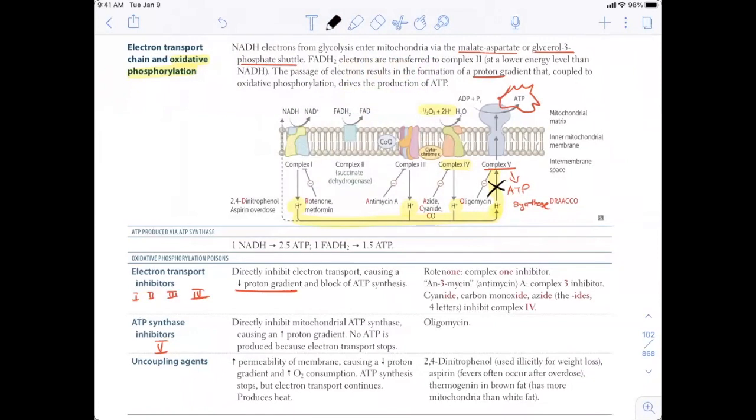So electron transport proceeds, we still have a proton gradient, but we just cannot make ATP. A classic example of a complex 5 inhibitor is your oligomycin. You have to remember this. Oligomycin will put you right there.